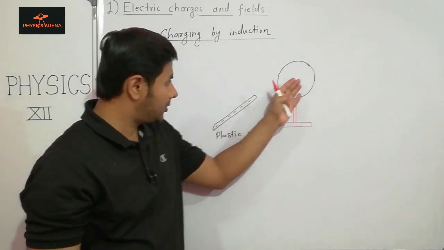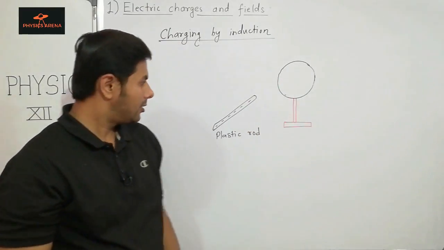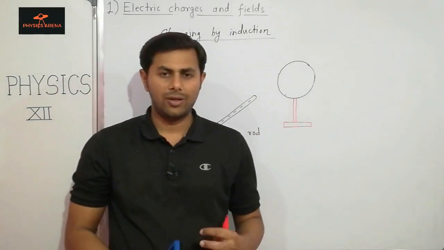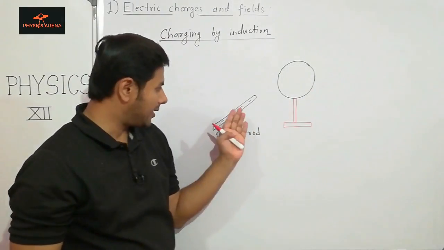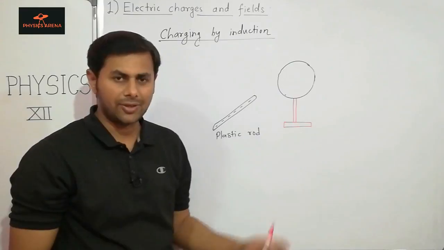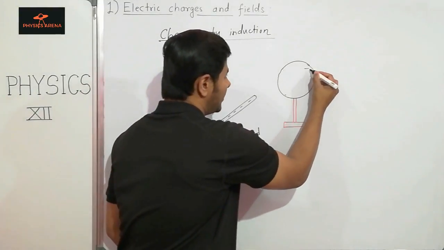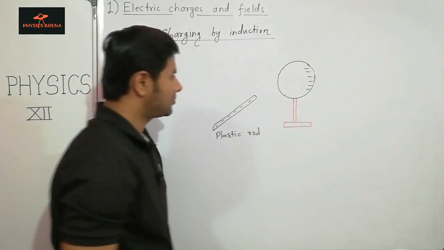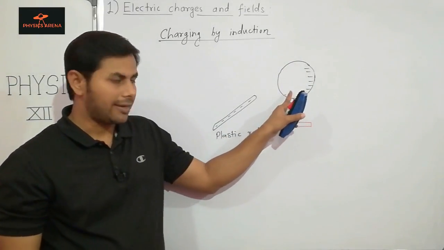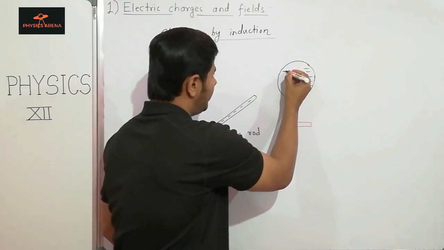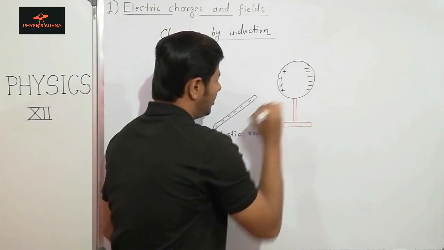We take it close to this metal ball. So now the electrons inside this metal ball will be repelled by this negatively charged plastic rod, and they will gather on this side, and because this side has a lack of electrons, there will be positive charge developed on this side.